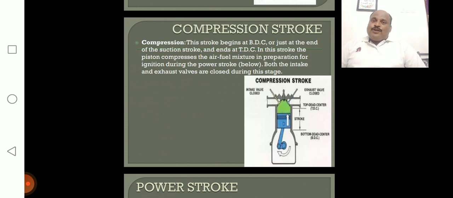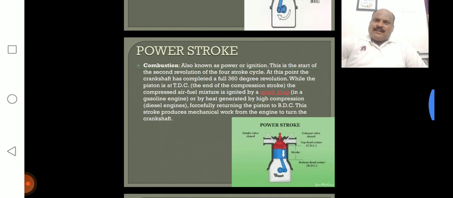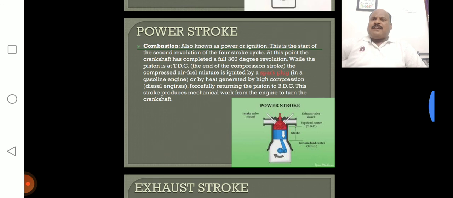Now we are going to see the third stroke. This is a very powerful stroke, and its name is also power stroke. Sometimes the stroke is called a combustion stroke.